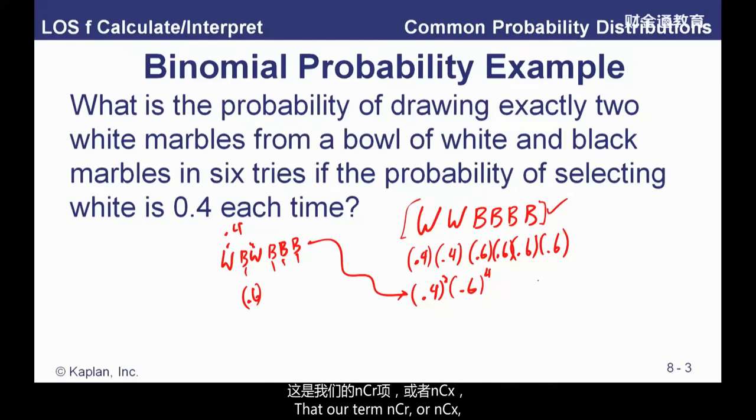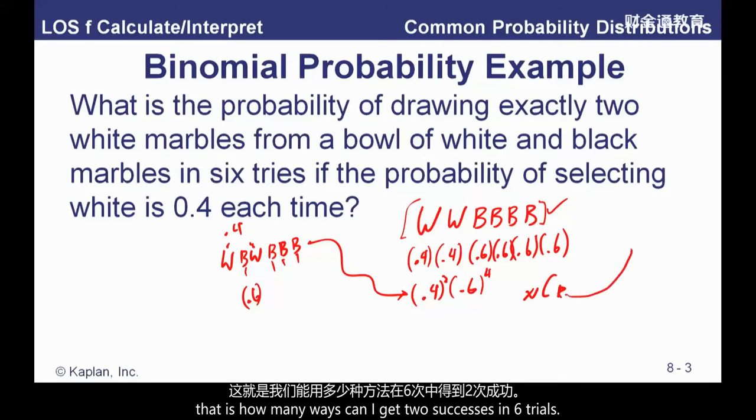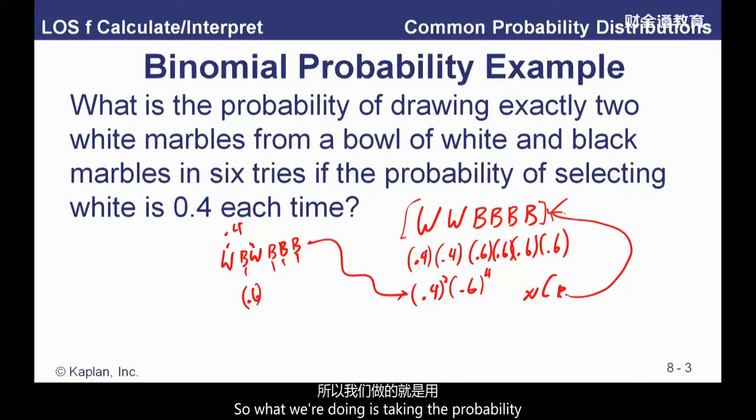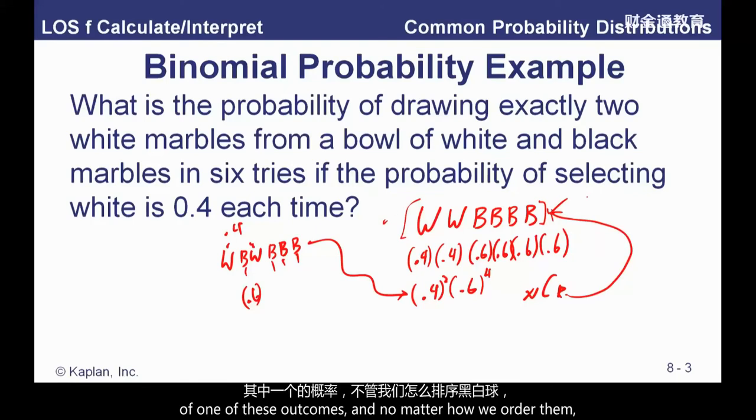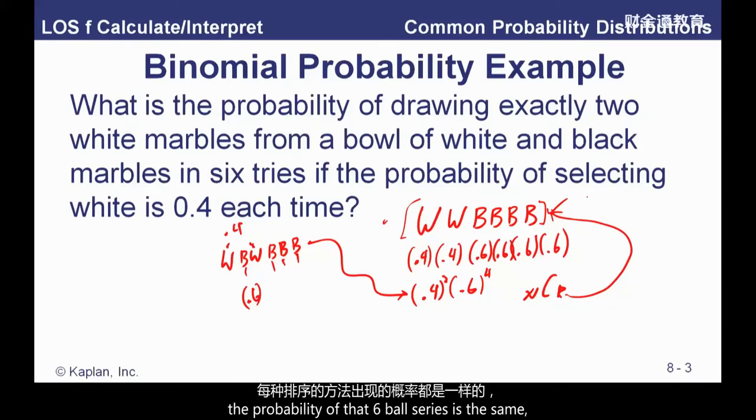Well, that other term, n choose r or n choose x, that is how many ways can I get 2 successes in 6 trials. So what we're doing is taking the probability of one of these outcomes, and no matter how we order them, the probability of that six-ball series is the same, and multiplying it times the number of different ways that we can get 2 successes in 6 trials.